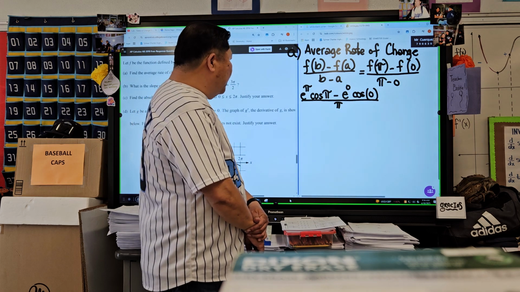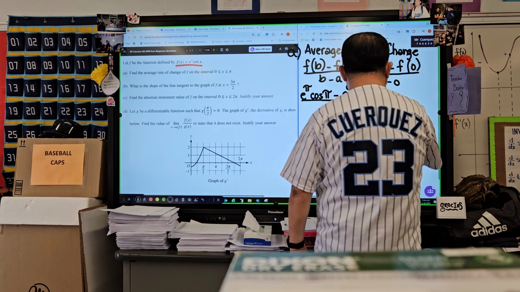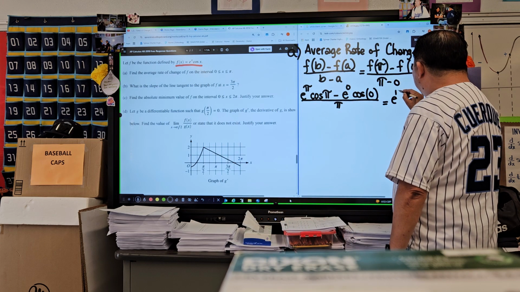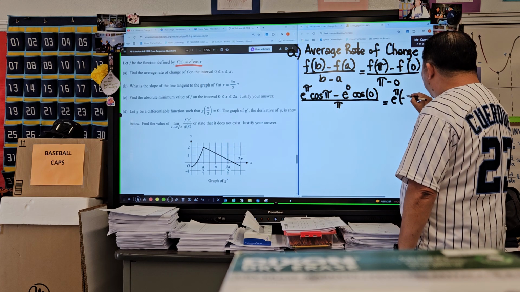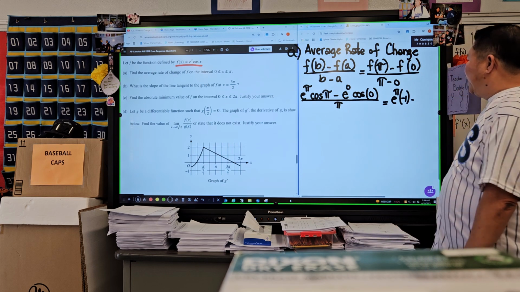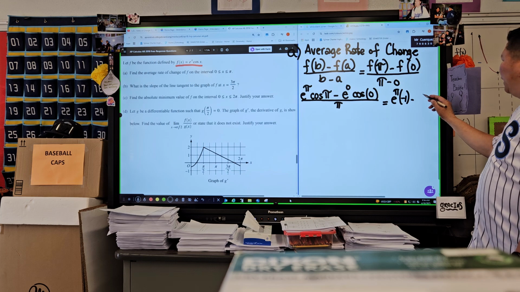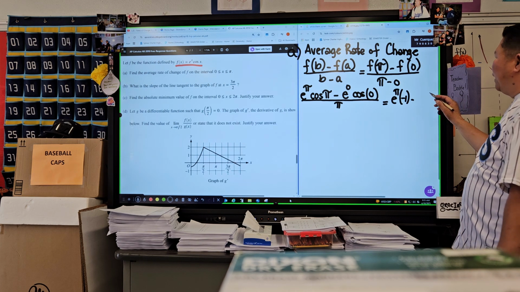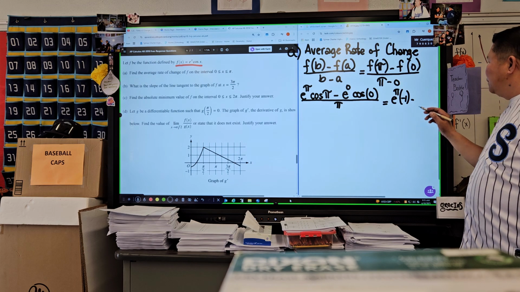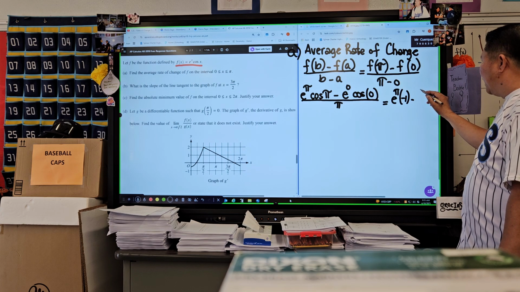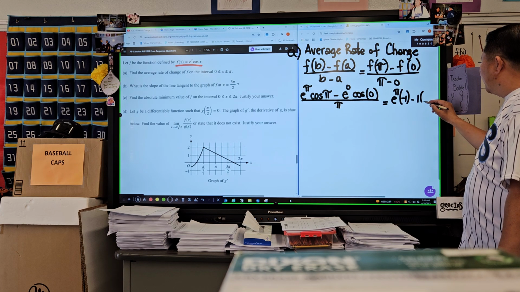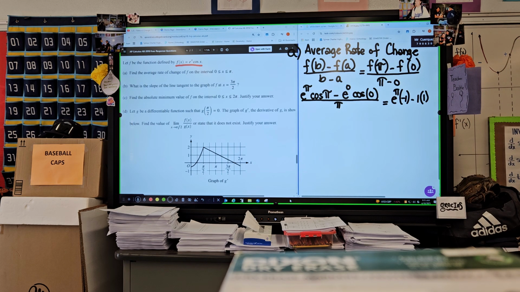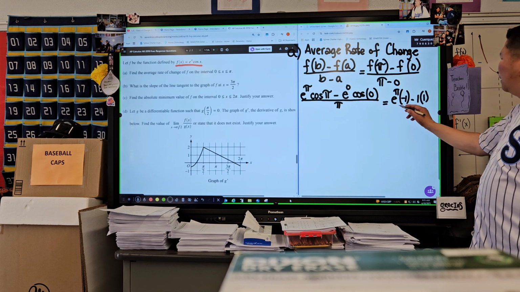So this implies now e to the power of pi times negative 1, and then minus e to the power of 0, which is 1. And then what is cosine 0? 1. So this is 1 times 1, over pi.